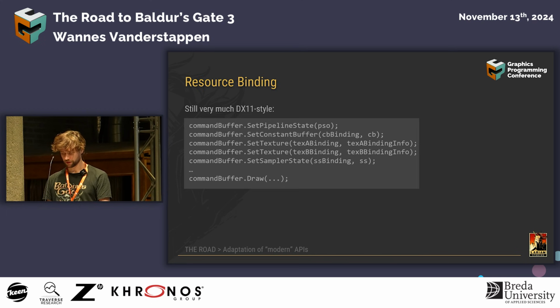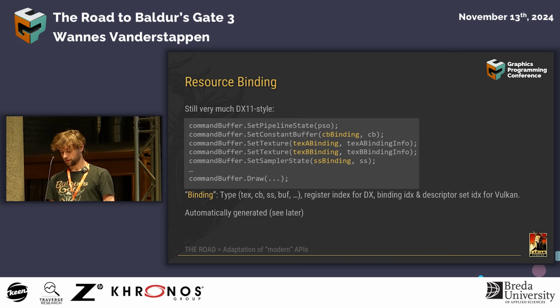Our code for resource binding was still very much DirectX 11 style, so we did have a set pipeline state call, but we still set individual resources separately, like set constant buffers, set textures, set sampler state, and so on. We couldn't really use a bindless model because, again, we needed to support DirectX 11, and we didn't want to branch the code too much.